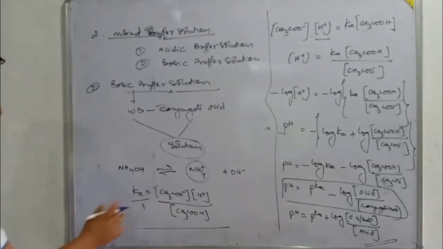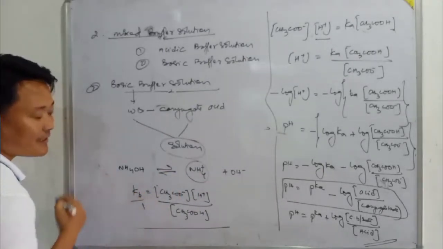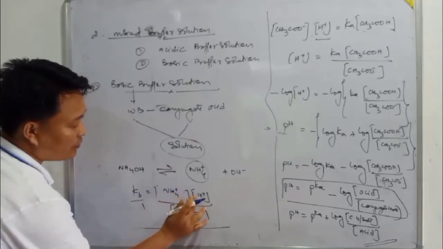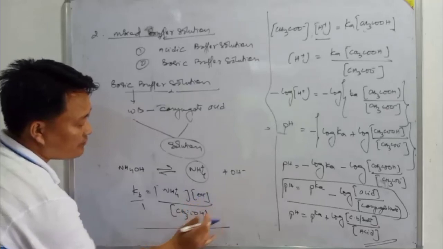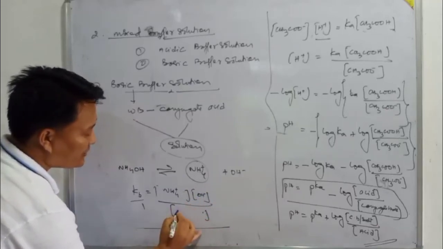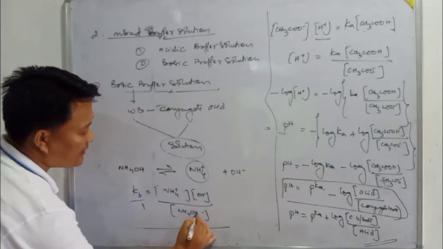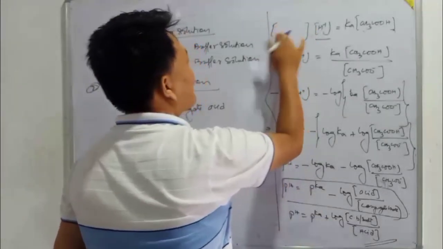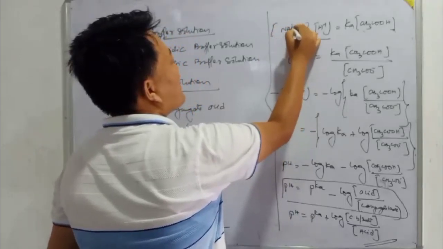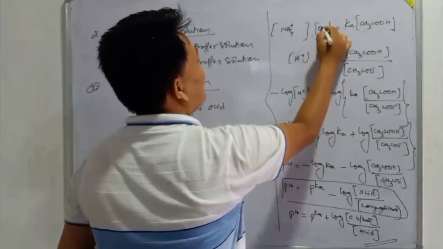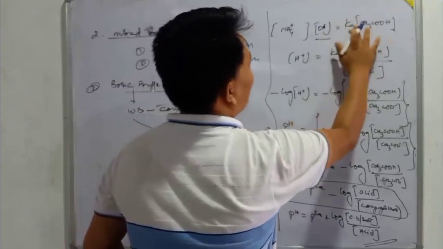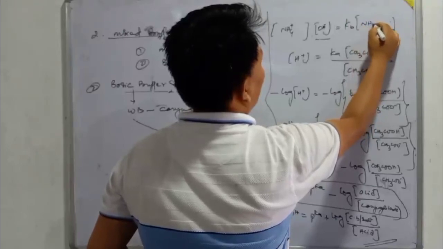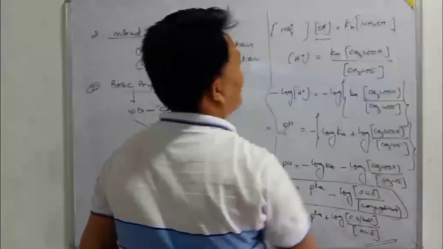Okay, so now see, here we write Kb, and Kb is equal to NH4 plus OH minus by the base, here ammonium hydroxide. By cross multiplication, what do we get here? We get NH4 plus, OH minus, and Kb, and NH4OH.